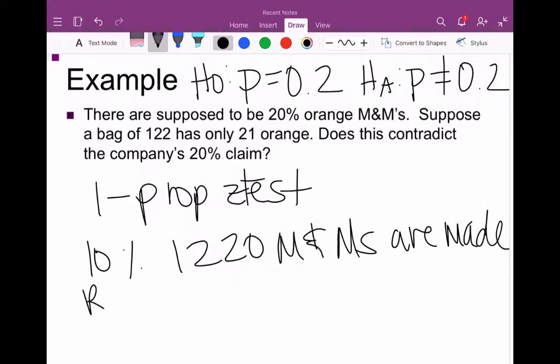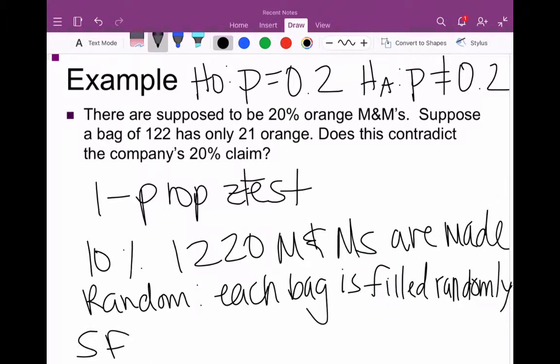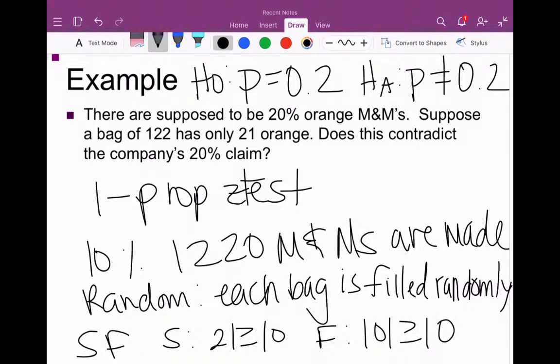Then we have the random condition, so each bag is filled randomly, and then our success/failure. In this particular case, our successes is 21, which is greater than or equal to 10, and our failures are 101, which is also greater than or equal to 10. So our conditions are all set.